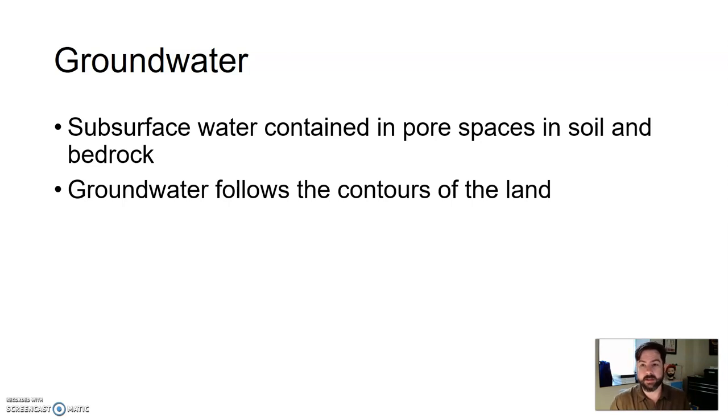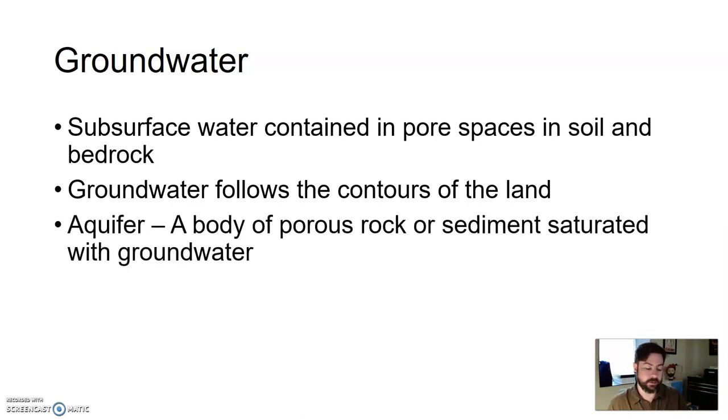Groundwater isn't necessarily a flat level of water below ground. It does follow the contours of the land. When we're talking about accessing groundwater, a large body of groundwater is called an aquifer. So underneath, for instance, Phoenix, there is a large underground aquifer.